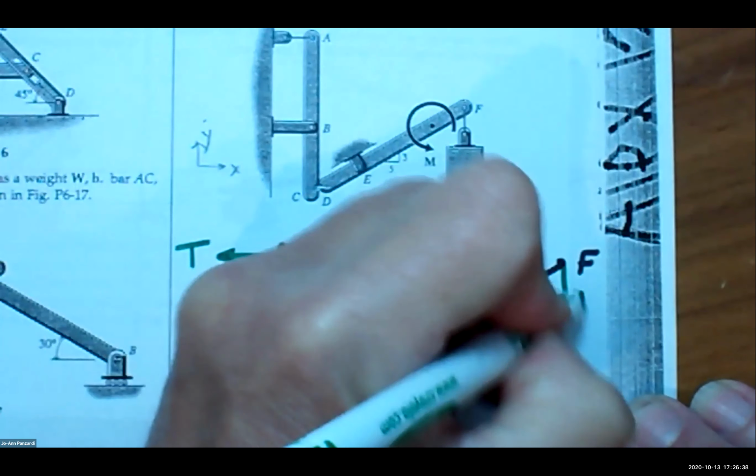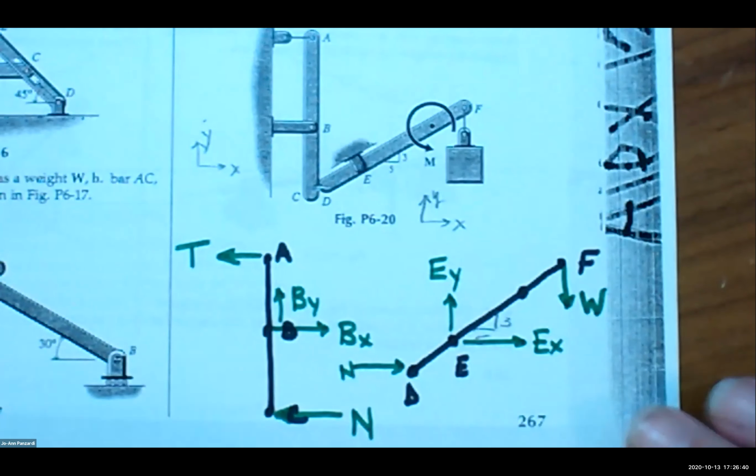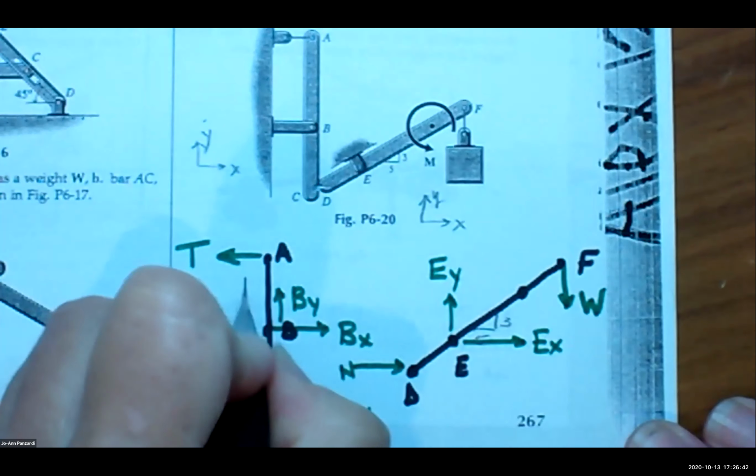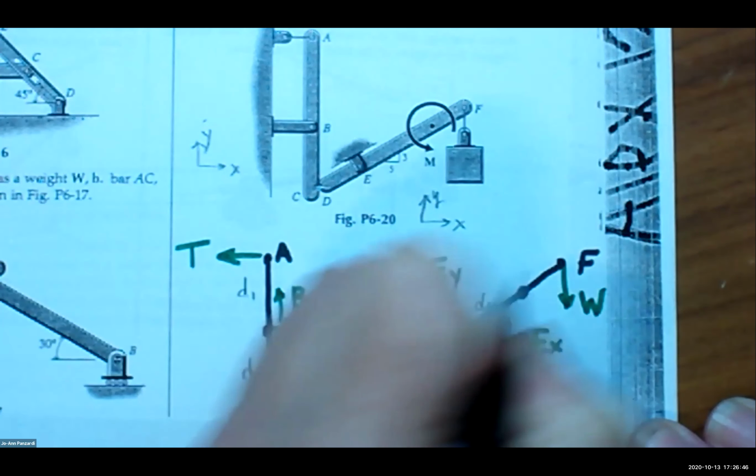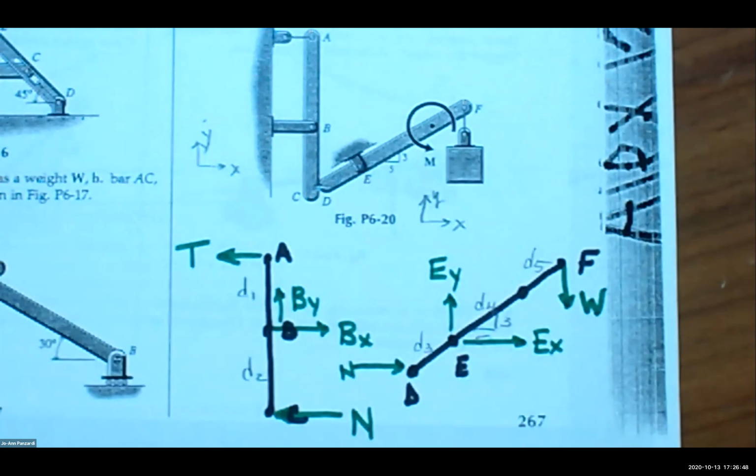At F, there's the weight. You have the weight at F. And I should put in my distances, distance 1, distance 2, distance 3, distance 4, distance 5. And then there's one more thing, Jack. What else is on here? It looks like there's some kind of moment. There's a moment, correct.